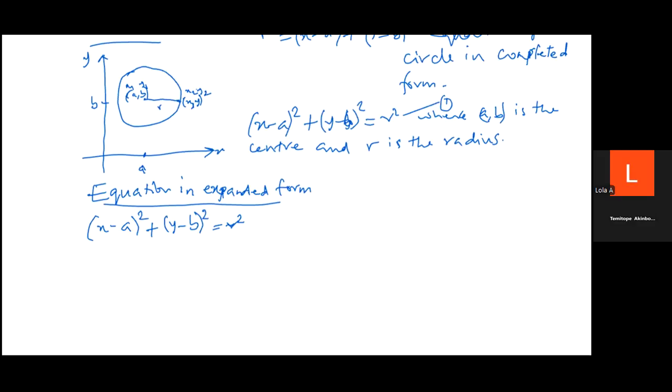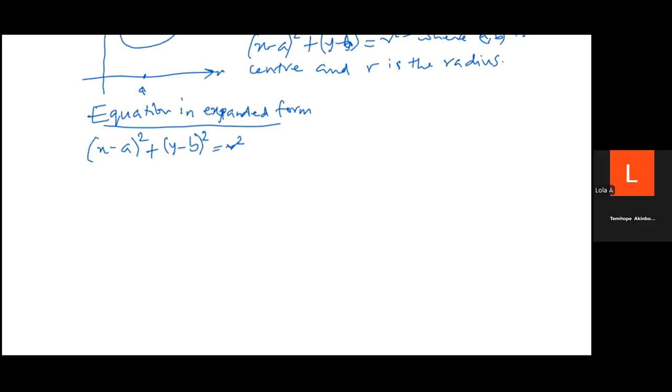So we'll expand the left-hand side of this. This will give us x raised to the power of 2 minus 2ax plus a squared. Hope you know how I obtained that.